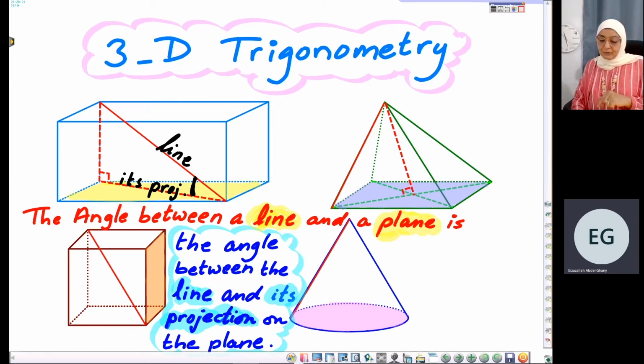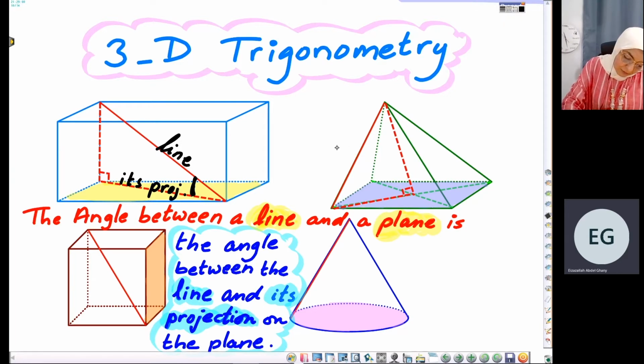Let's repeat what we said about the cuboid. We'll say it for the pyramid also. This is the line. It has two ends. One of them is fixed in the plane, and the other one is free. From the free end, you drop a perpendicular to the plane, then join. This line you are joining, we call it its projection on the plane. Where is the line?